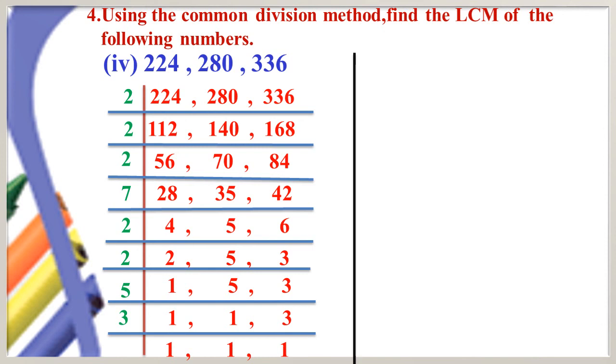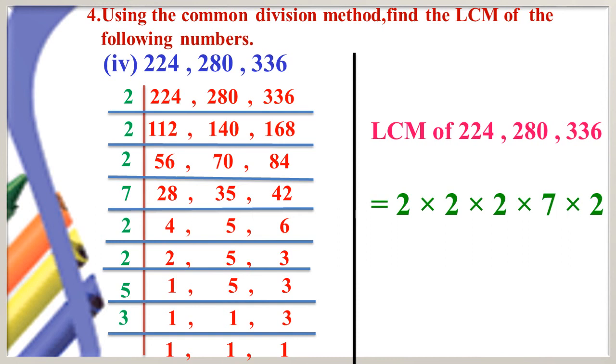So, let us find the LCM value. The LCM of 224, 280 and 336 equal to, now we want to multiply all the factors. So, 2 into 2 into 2, 7 into 2 and 2 into 5 into 3.